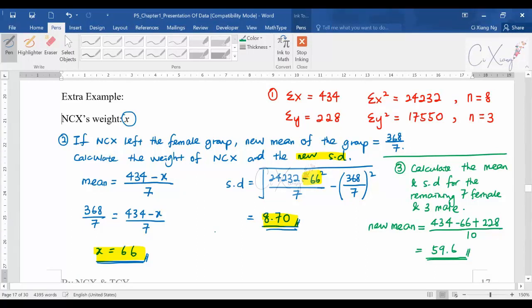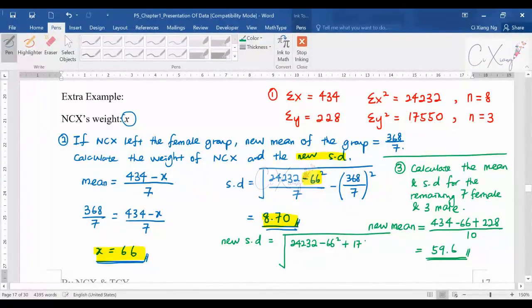Okay, and after that, if they want you to calculate the new standard deviation, can you do that? So again, summation of x squared. So the x squared is 24232, right? This is for 8 people, minus the 66 squared, plus the total of the male squared.